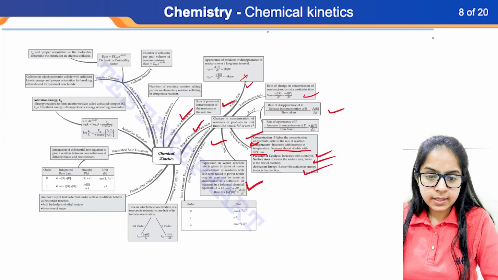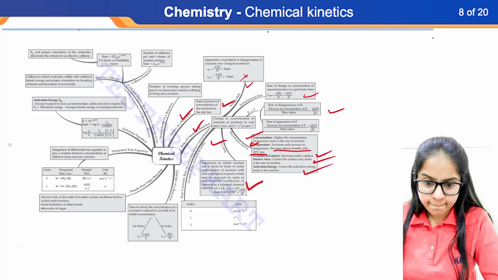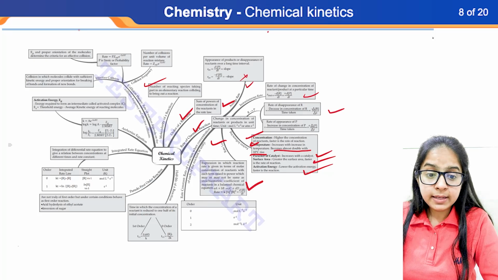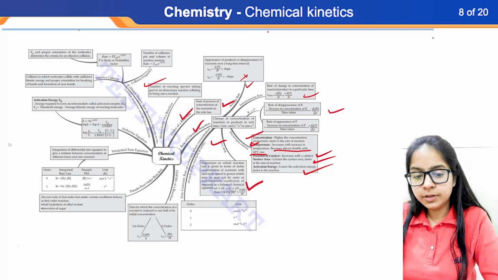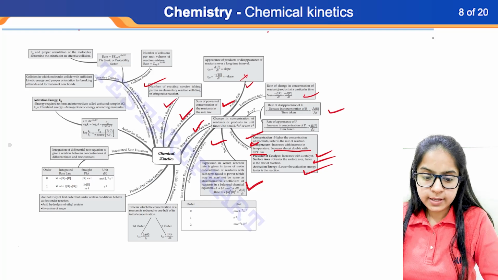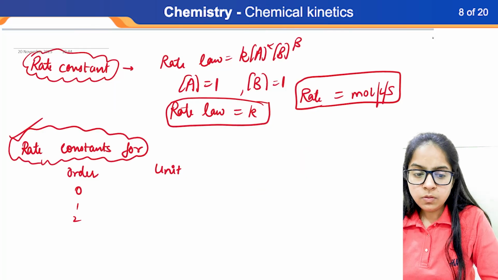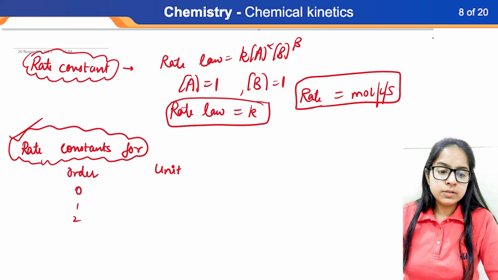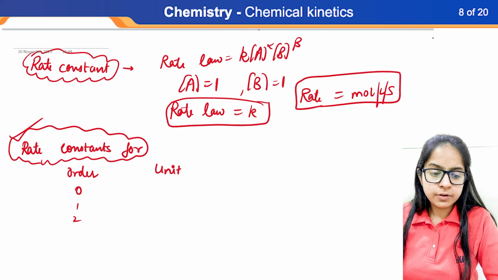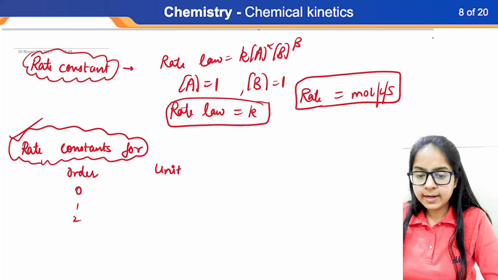Now the next one is the number of reacting species taking part in the elementary reaction, colliding to bring out a reaction. So this is the molecularity of a reaction. Now, to explain the rate constant for zero order, first order, and second order, how can we write it?